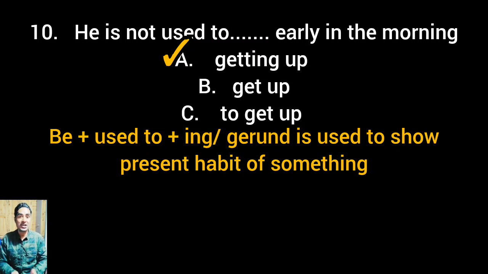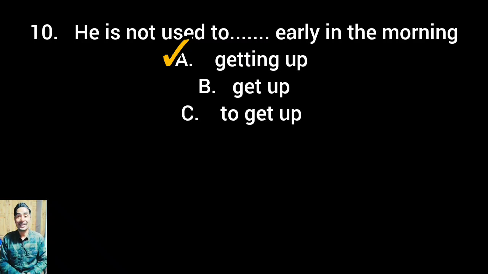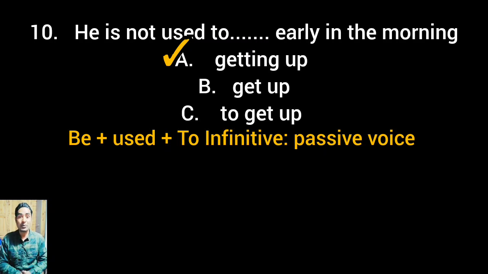Be plus used to plus ing, gerund. He is not used to getting up early in the morning. It means he is not in the habit of getting up early in the morning. When we talk about the third sense, that is passive voice. Be family verb plus used, after that to infinitive.